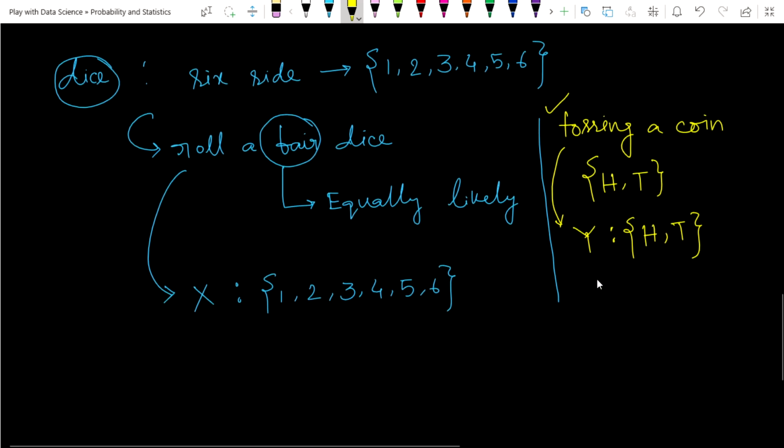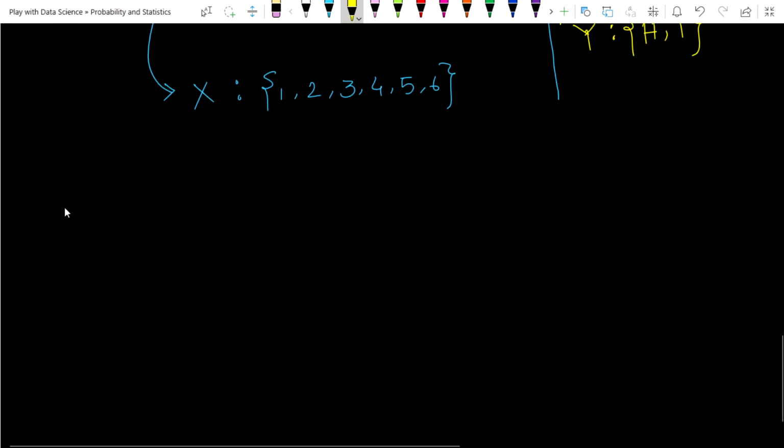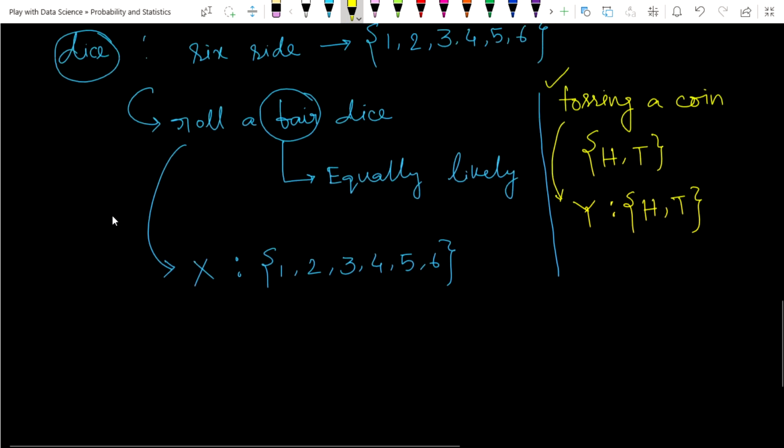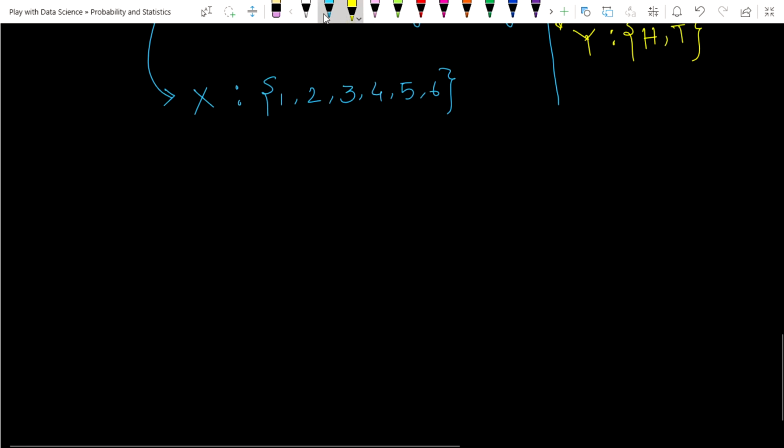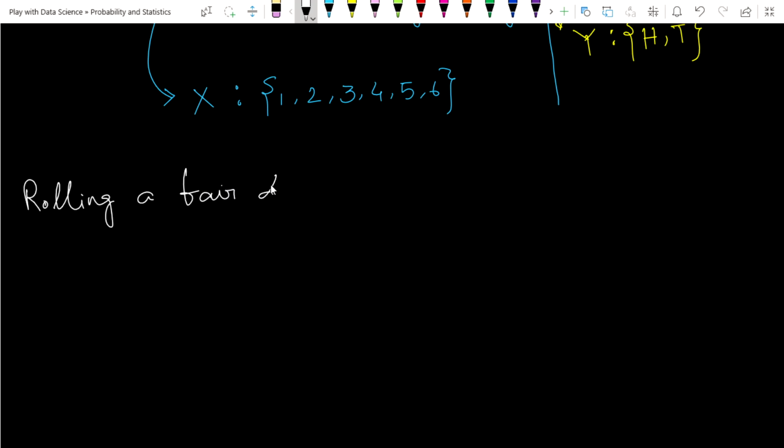Suppose we are doing this experiment: rolling a fair dice. And we call this the random variable x.